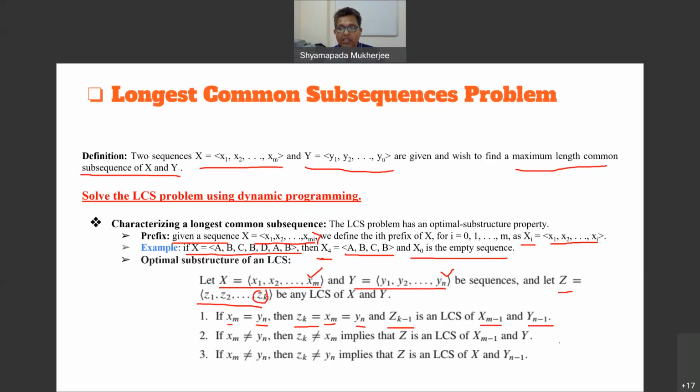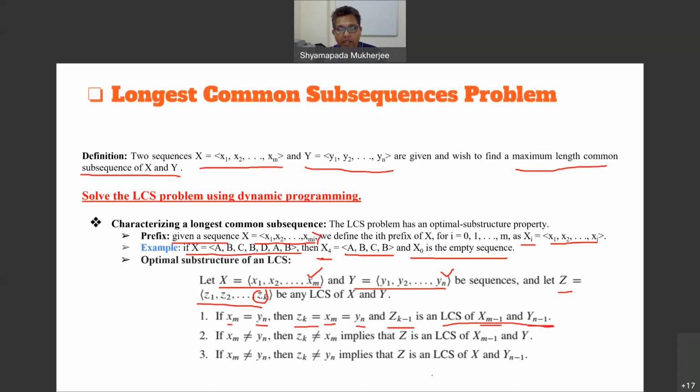Why? Because the last element of the longest common subsequence we have already obtained from the last elements of these two sequences. So it is an optimal solution to the subproblem: we are trying to find the longest common subsequence of x(m-1) and y(n-1).